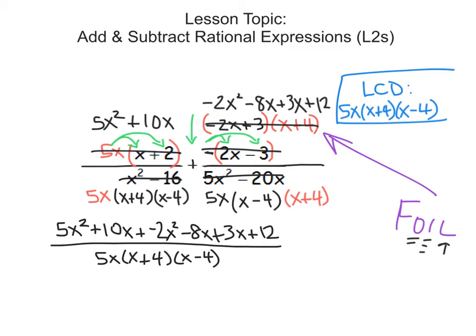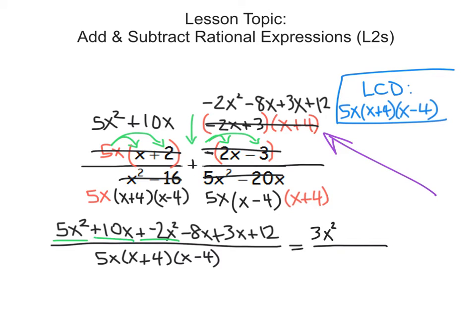Whew! All right, so let's simplify this. Okay, this FOIL business might be in my way, so let me go ahead and see if I can fix that. Cover that up now. There we go. All right. So, combining like terms, we have 5x squared and negative 2x squared, so that is 3x squared.